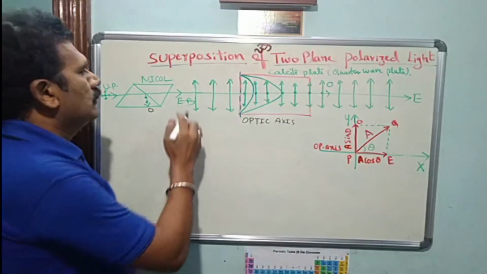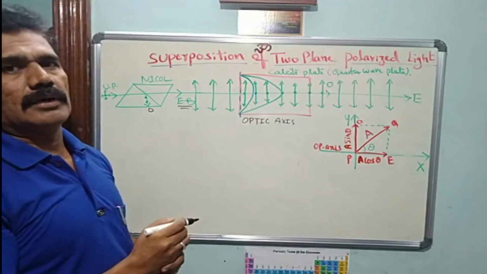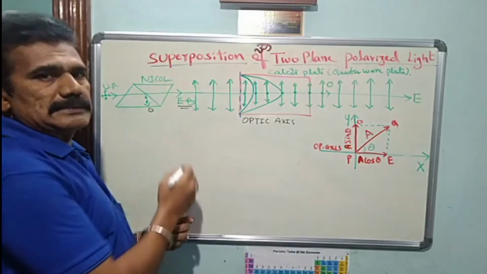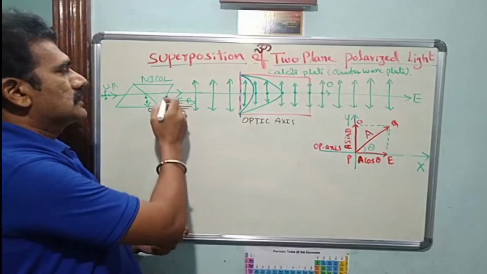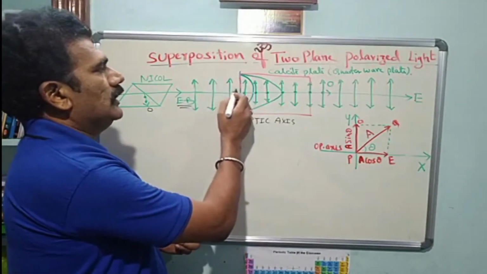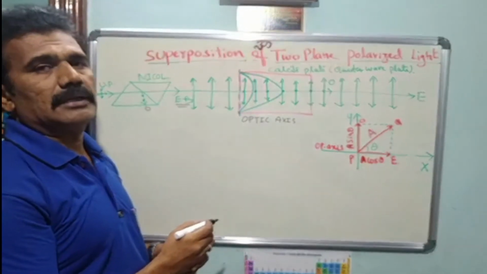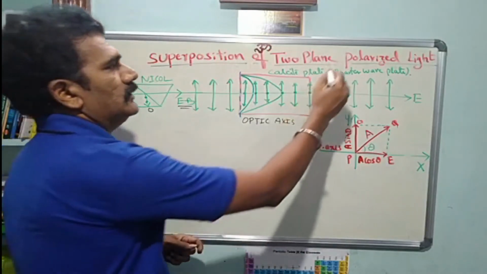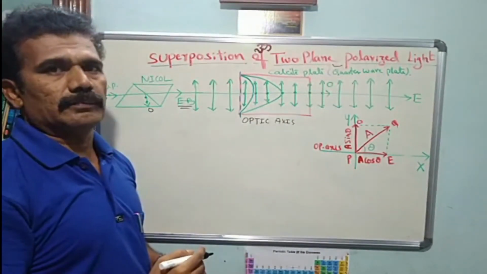In that way we get one plane polarized light as the extraordinary ray obtained from the nickel prism. Clear? This plane polarized light is afterwards allowed to fall on a calcite plate. There are two types of calcite plates: one is the quarter wave plate, the other is the half wave plate. Correct?